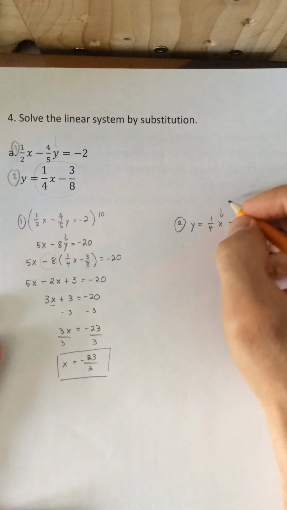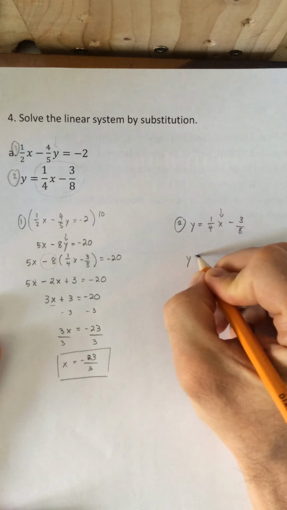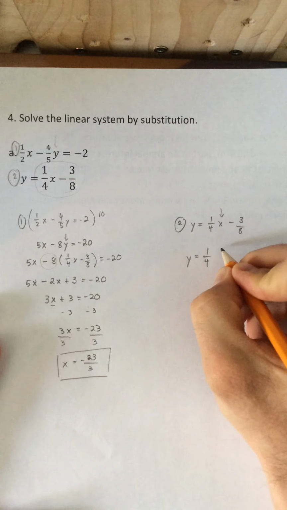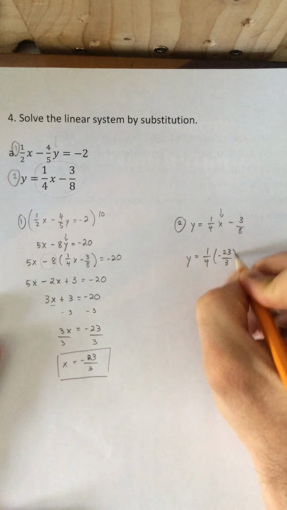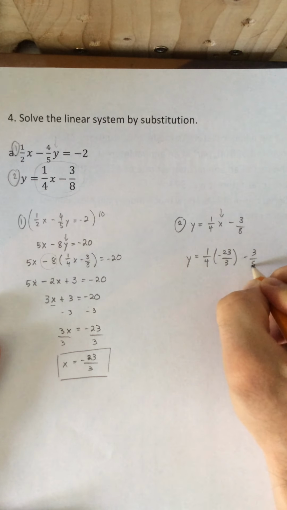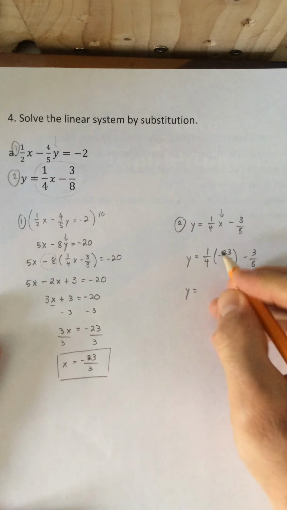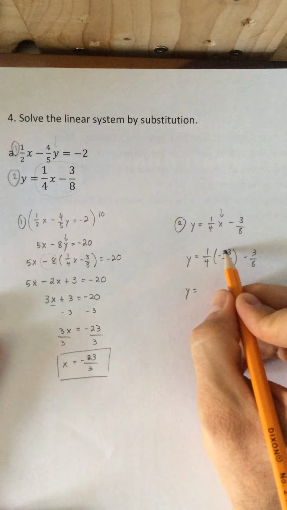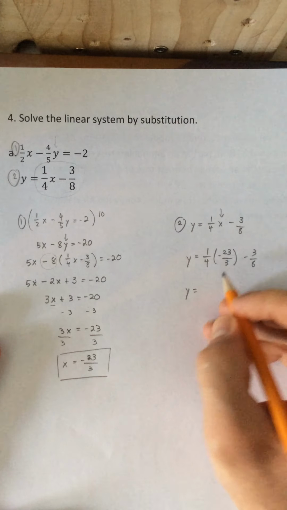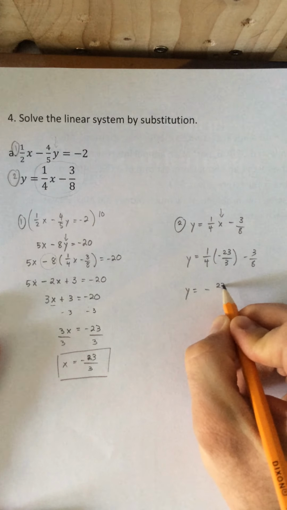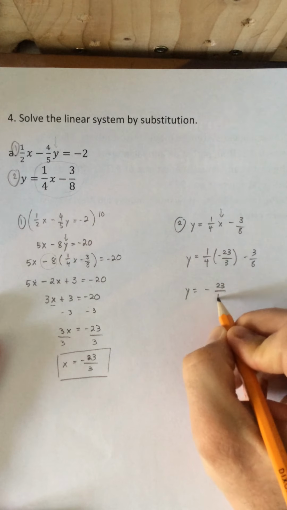Now again, it's not going to look really pretty, but we'll work with it as it is. When we multiply fractions, we multiply numerators together, and then we also multiply denominators. So 1 times negative 23 is negative 23, and 4 times 3 is 12.